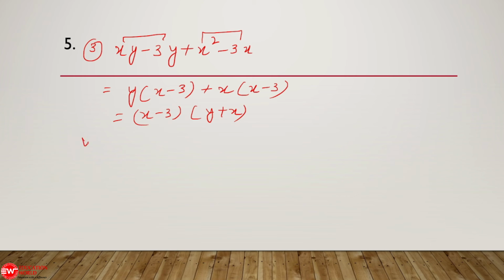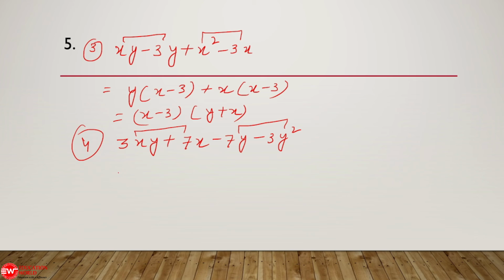Come to question number 4th. It is 3xy plus 7x minus 7y minus 3y square. So do the grouping, these two and these two. So it is x is common, 3y plus 7. Here you can see that both the terms in the bracket are positive, but here both the terms are negative.